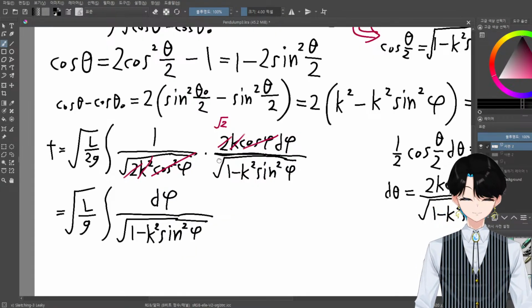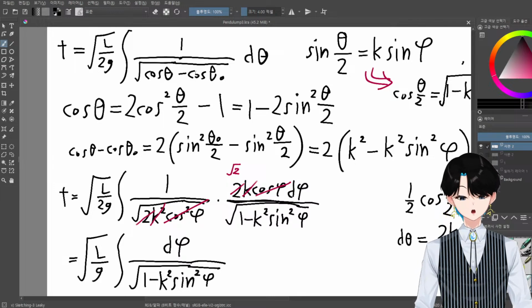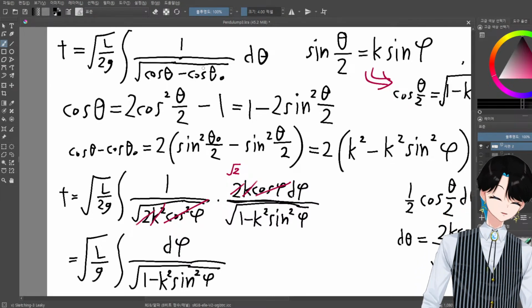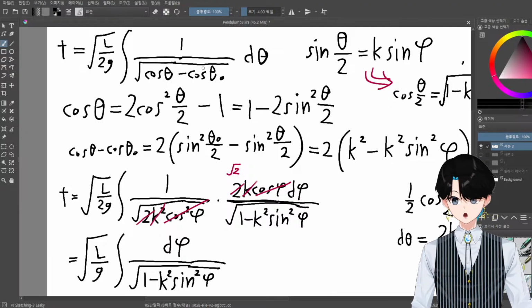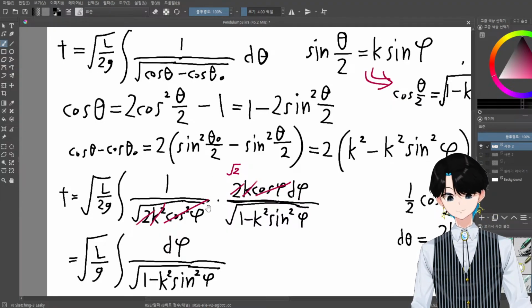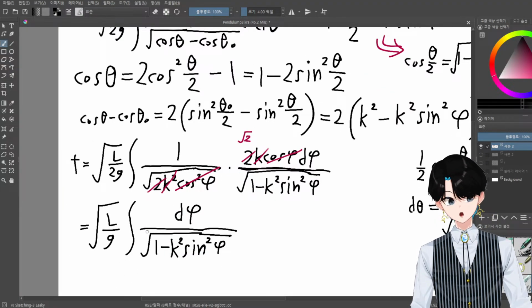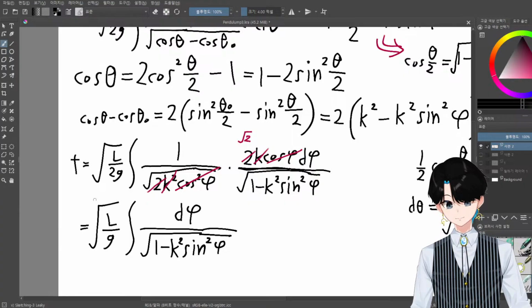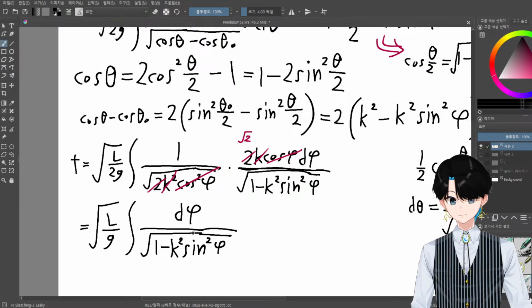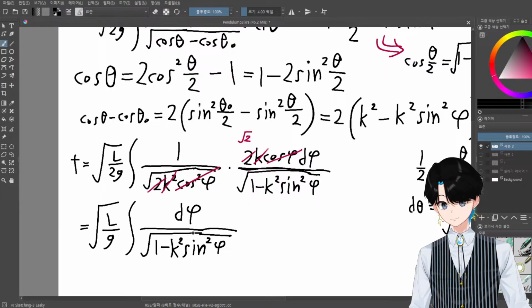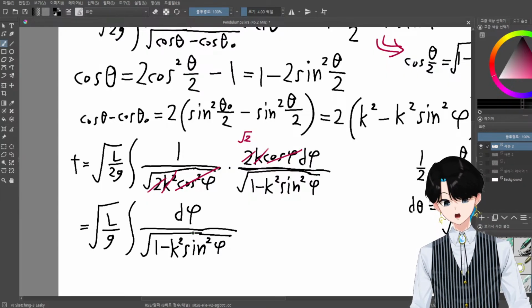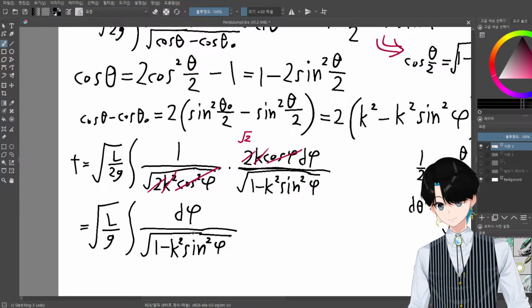So that was why this can be turned into the incomplete elliptic integral of the first kind. And at t, we finally got the value of t right here. t is equal to this one. What we now have to do is get the function of theta, and then we can finally move on.